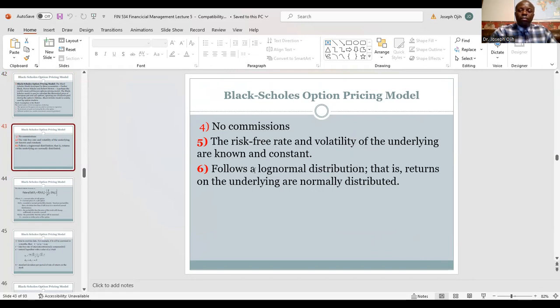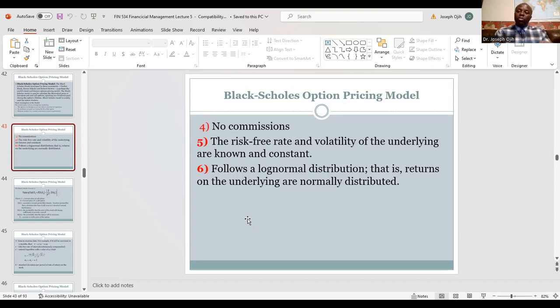The last assumption is that it follows a lognormal distribution, which means that the returns on the underlying assets are normally distributed. Now, I'm sure that by now you're asking yourself, what do I mean by the underlying assets? Well, the underlying asset is the asset that the option is based on.